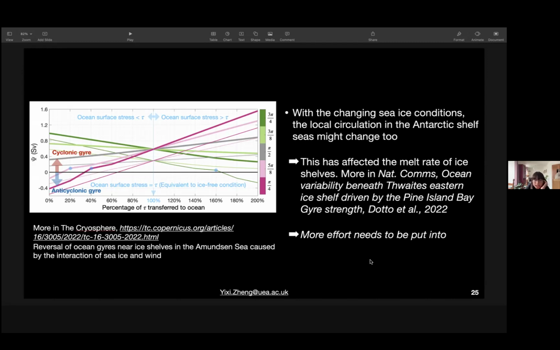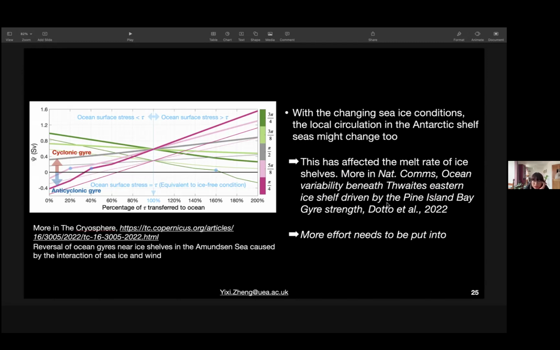And as we know, last year we had a very significant sea ice decade, and it might just change the gyre circulations in the Antarctic shelf seas. And this can also affect the melt rate of ice shelves.